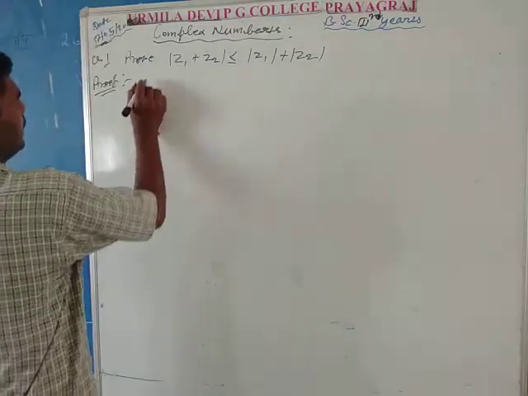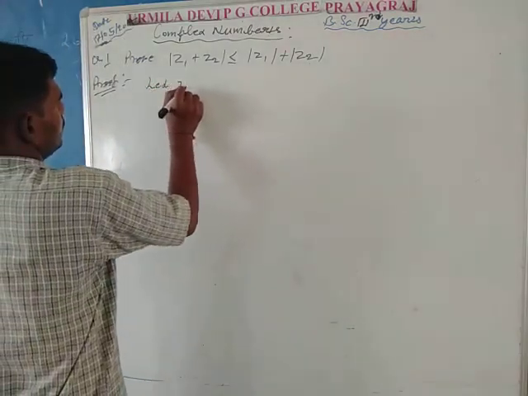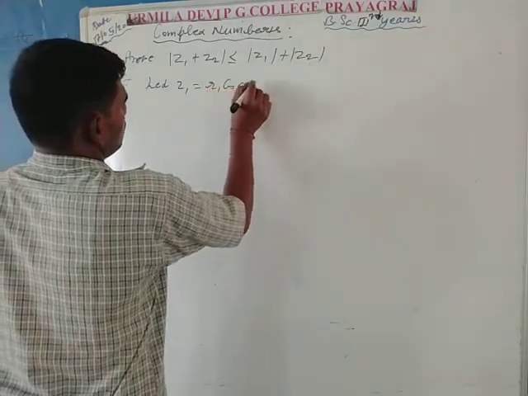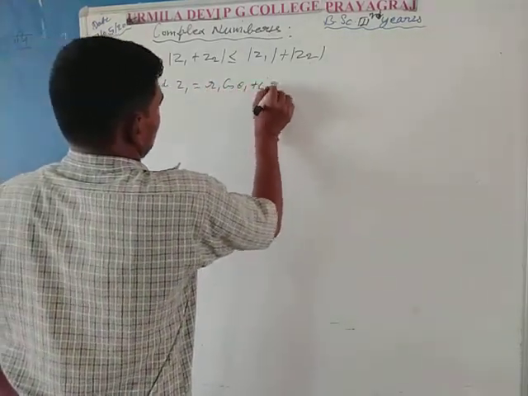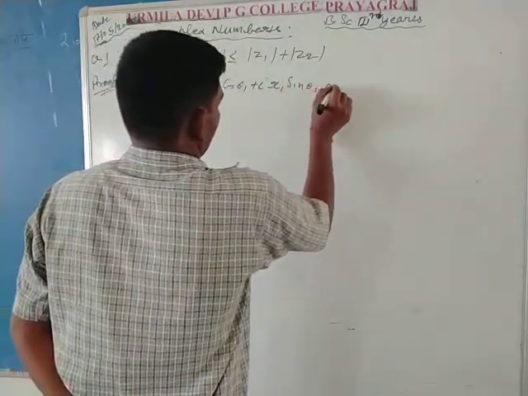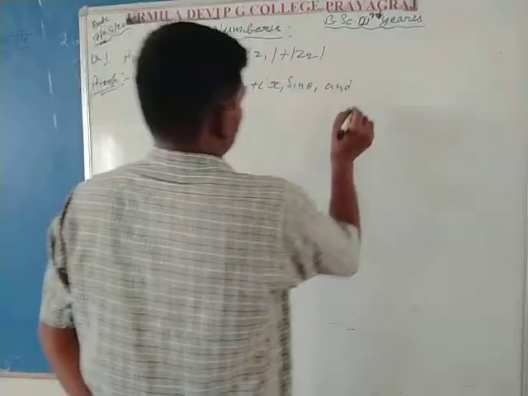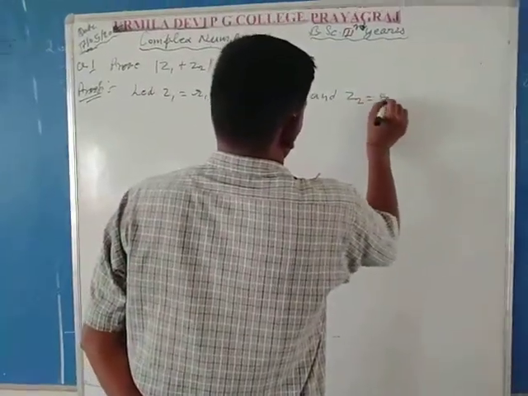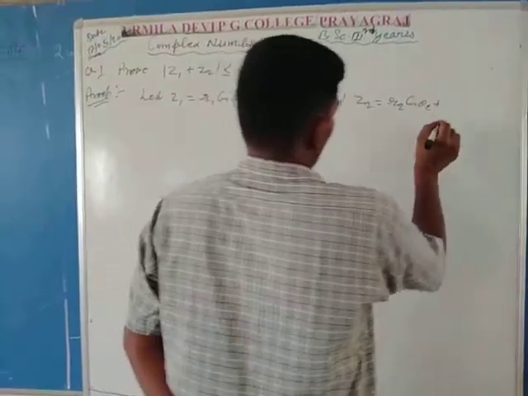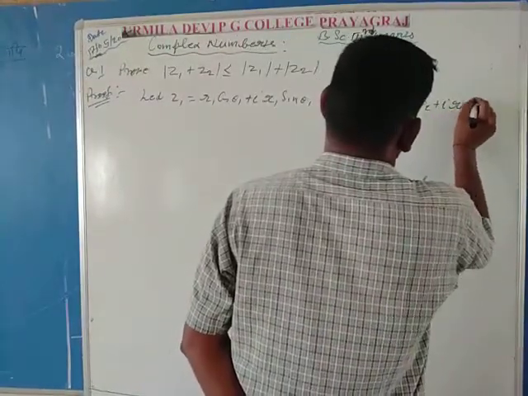So let Z1 is equal to R1 cos theta 1 plus I times R1 sin theta 1, and Z2 is equal to R2 cos theta 2 plus I times R2 sin theta 2.